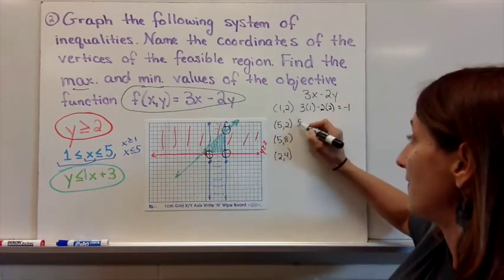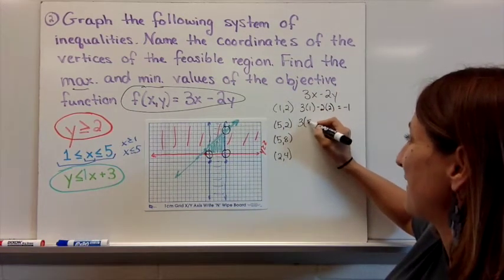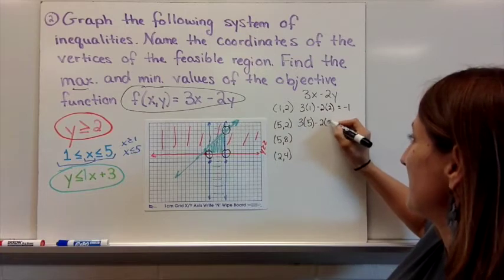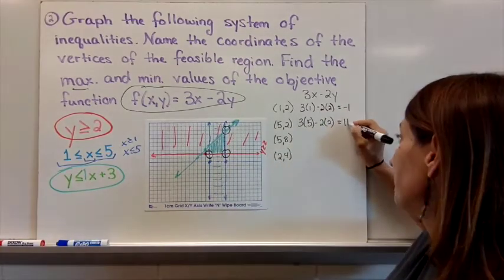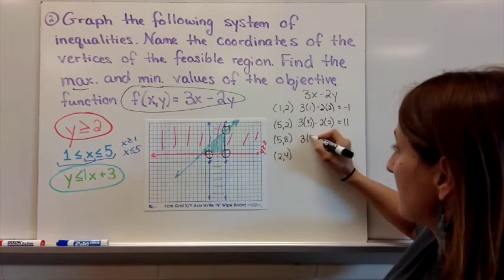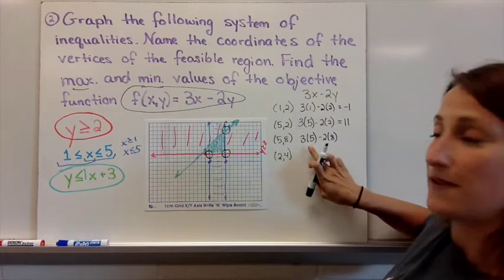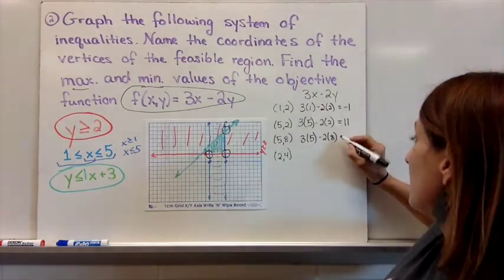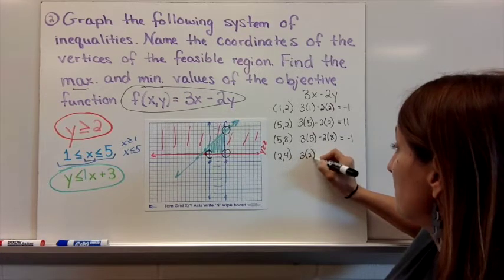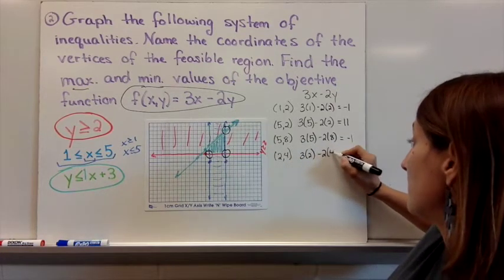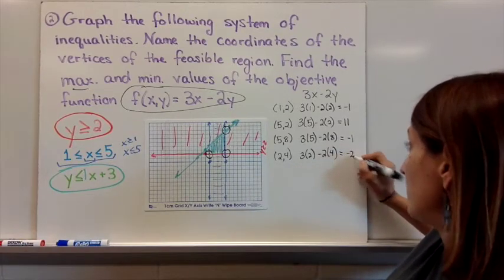So we get 5, we want to actually have 3 times 5 minus 2 times 2. 15 minus 4 gives me 11. 3 times 5 minus 2 times 8 would be 15 minus 16. So I have negative 1. And then 3 times 2 minus 2 times 4 gives me 6 minus 8 gives me negative 2.